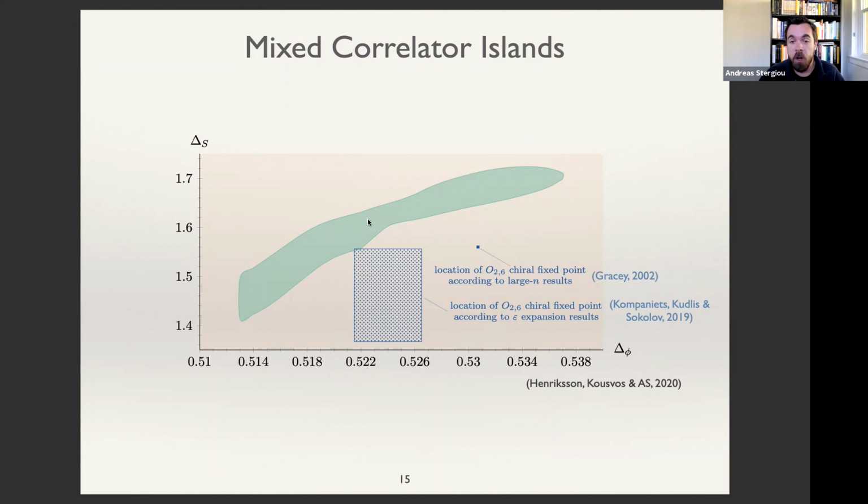With the bootstrap, we have not seen the disappearance of the islands. But presumably, we should be able to see it with more work.